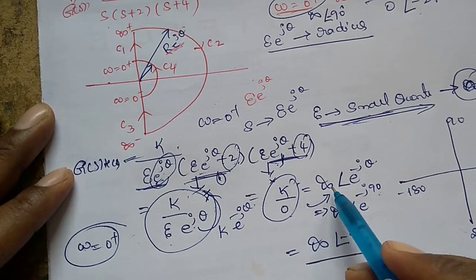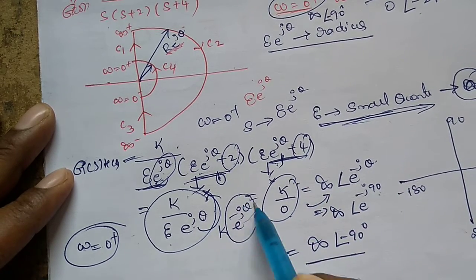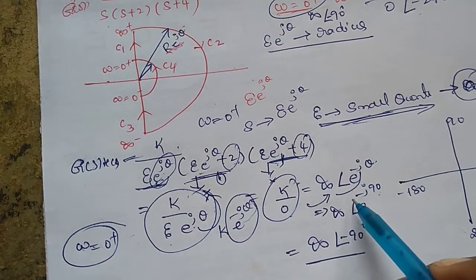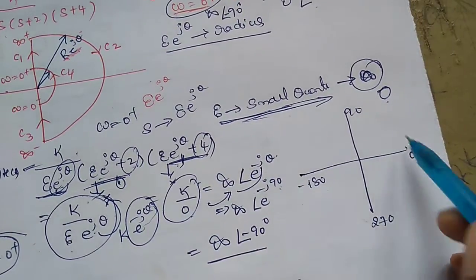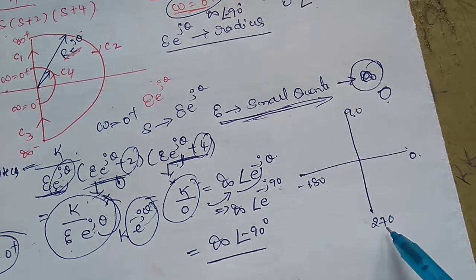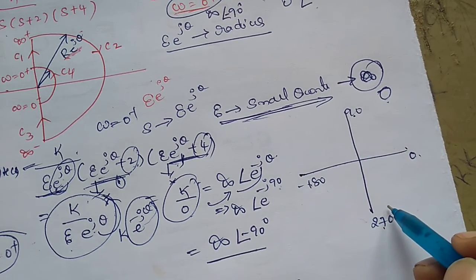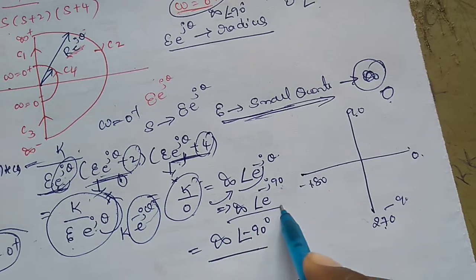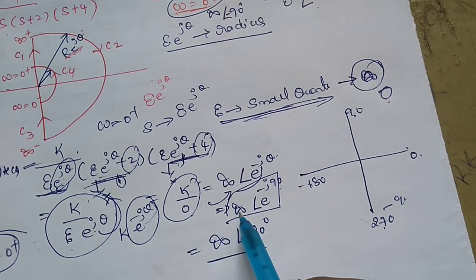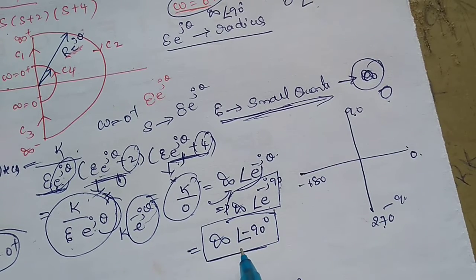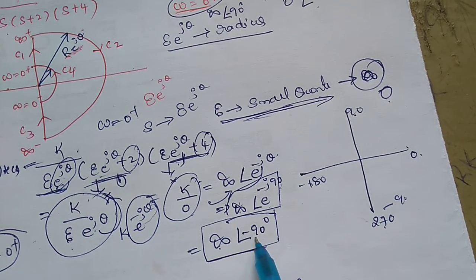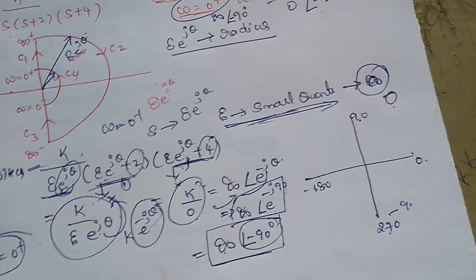Anything divided by 0 is infinity, and the angle is minus j theta, which gives minus 90 degrees. So the factor is epsilon e raised to minus j90. Writing in phase angle form, infinity is the magnitude and the angle is minus 90.